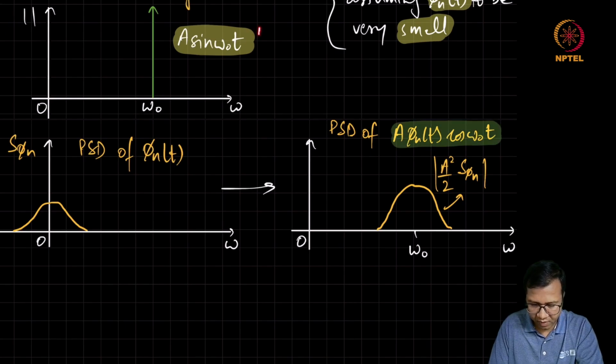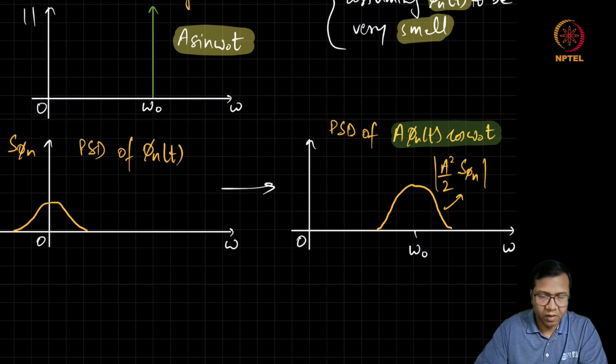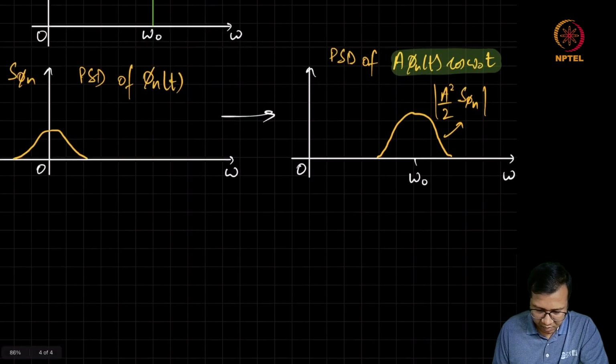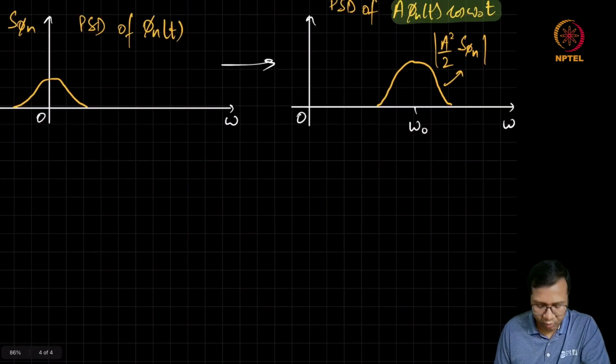Now we have got the PSD of the first term, which is just an impulse, and the PSD of the second term, which is an amplitude modulated signal. So the total PSD of the output we can find by just adding the PSD of the two terms.